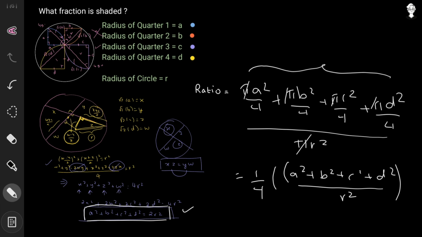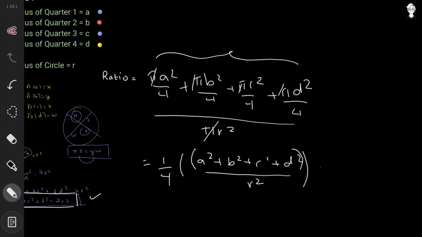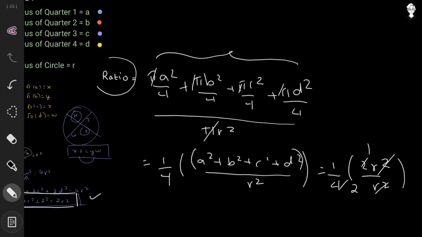So over here a square plus b square plus c square plus d square can be replaced with 2r square. So this would turn out to be 1 upon 4 times 2r square upon r square, and r square got cancelled out. So the required ratio is going to be equal to 1 upon 2. That is, the combined area of these quarter circles is going to be exactly half the area of this circle.